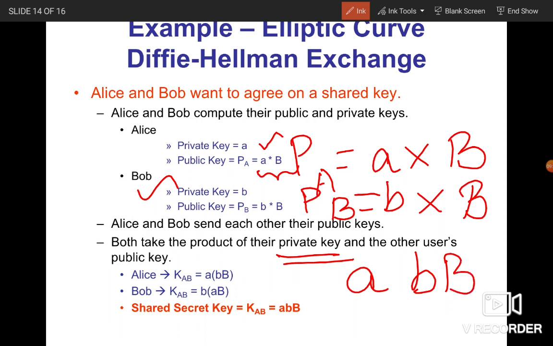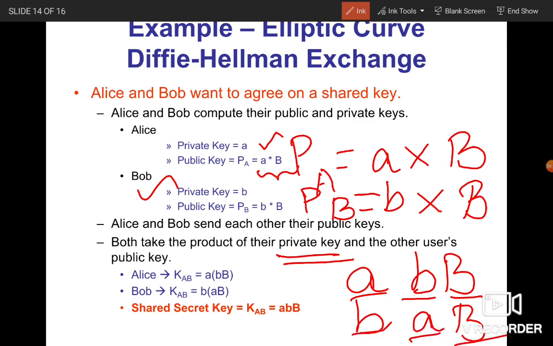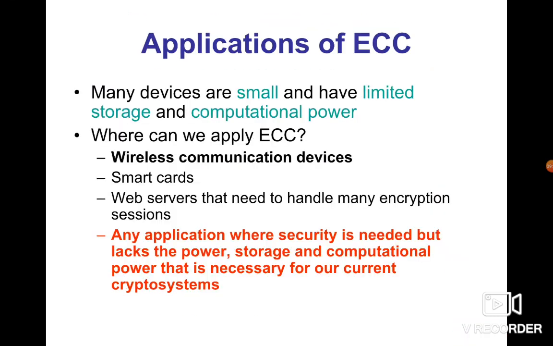Similarly, Bob calculates the product using his private key b and the other user's public key, that is PA. These two values are equal: a b P. Thus they share their secret key.